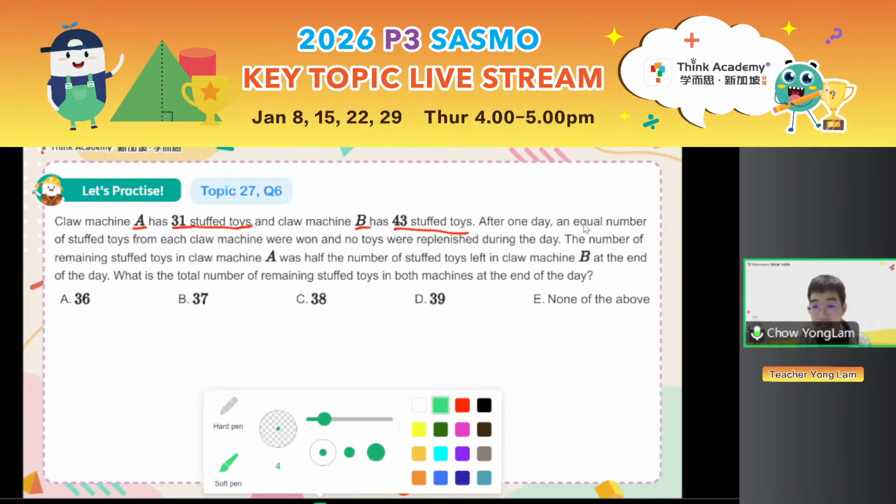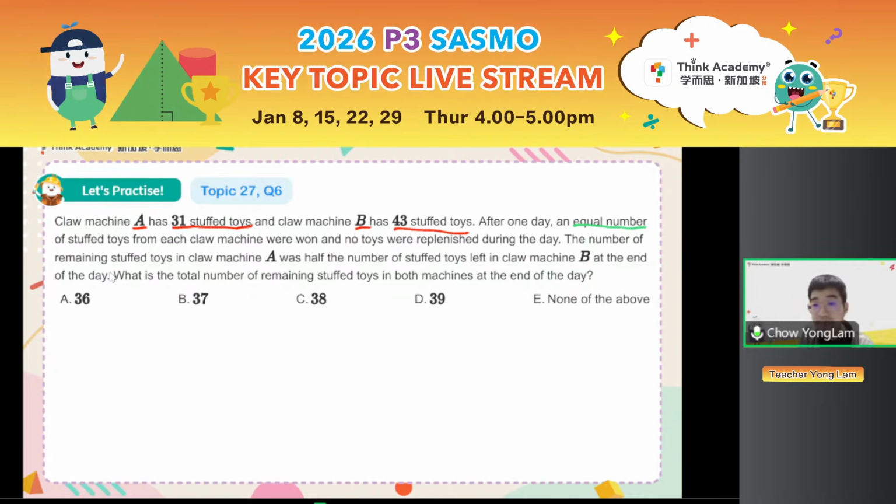After one day, an equal number of stuffed toys from each claw machine were won. That means if I win 5 toys from A, I also win 5 toys from B. I take away 5 from A, I take away 5 from B. If I take away 7 from A, I will also take away 7 from B.